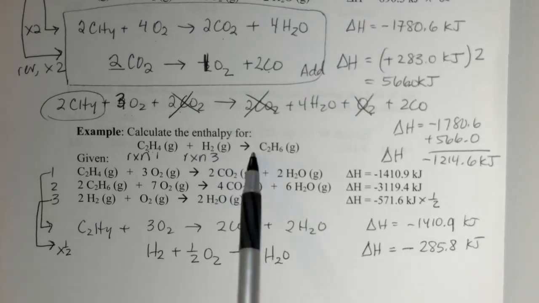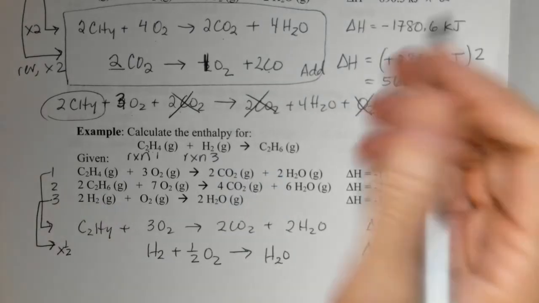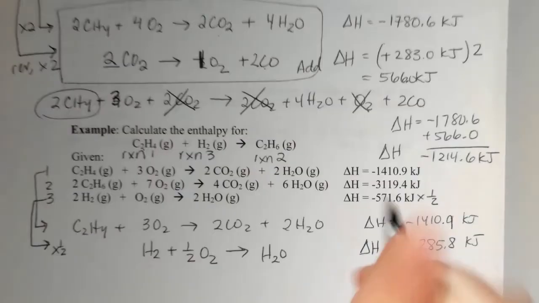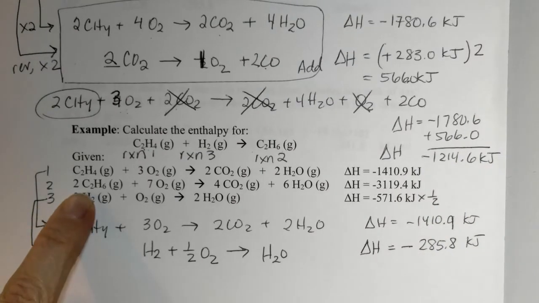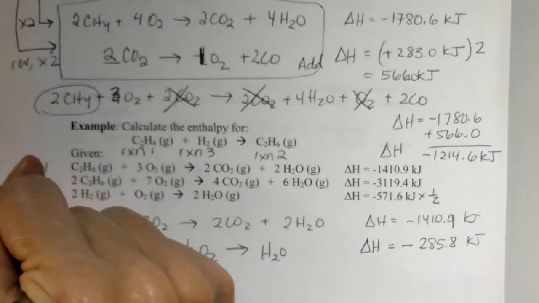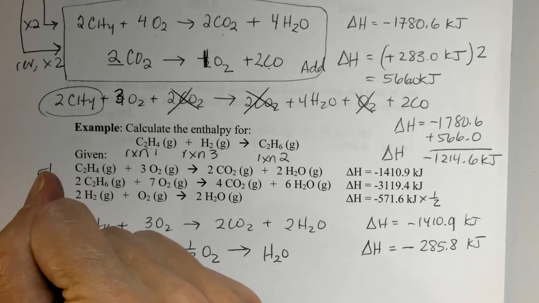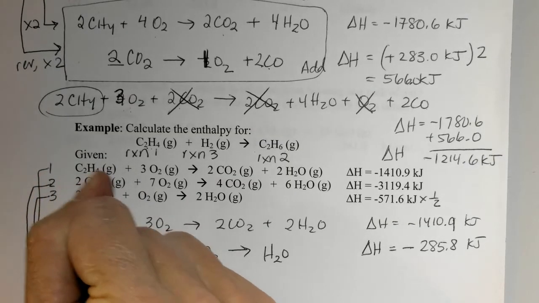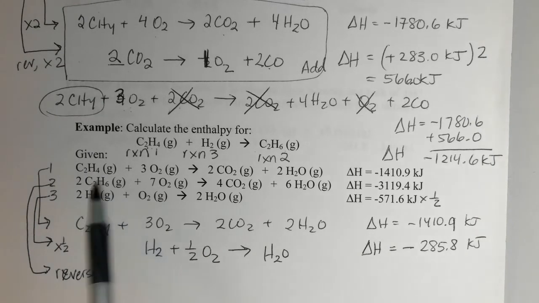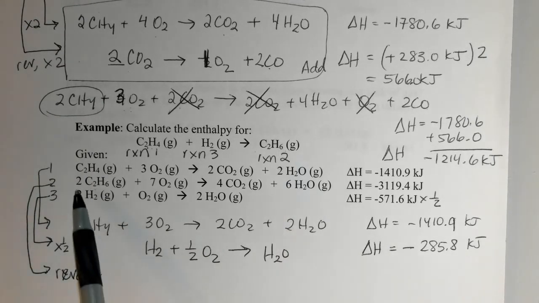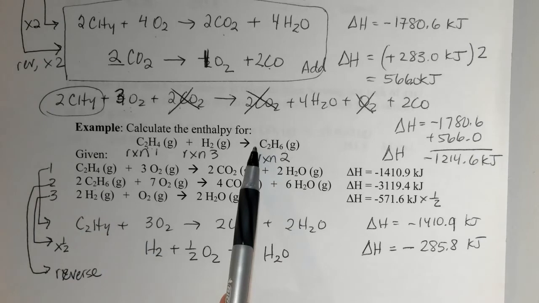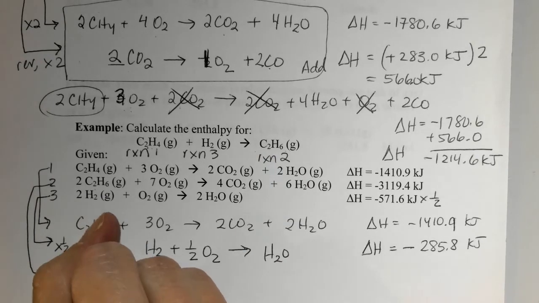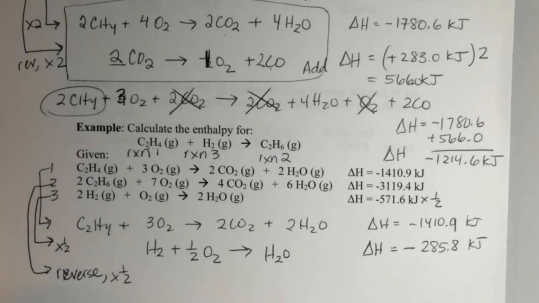Now for the ethane, that's coming from reaction number 2. So first thing, is it on the correct side? No. All right, I'm going to have to take reaction 2, I'm going to have to reverse it. I need the ethane to go to the product side, and instead of 2, I only want 1. So I'm going to have to reverse it and multiply by a half.